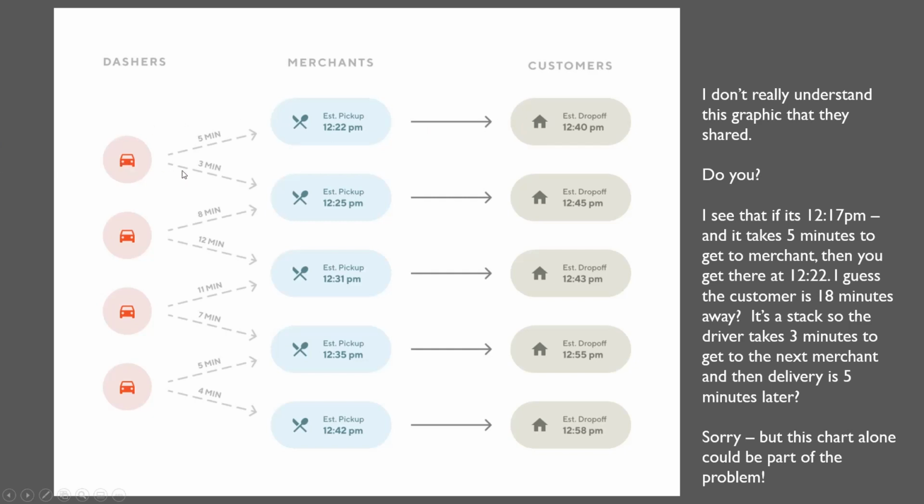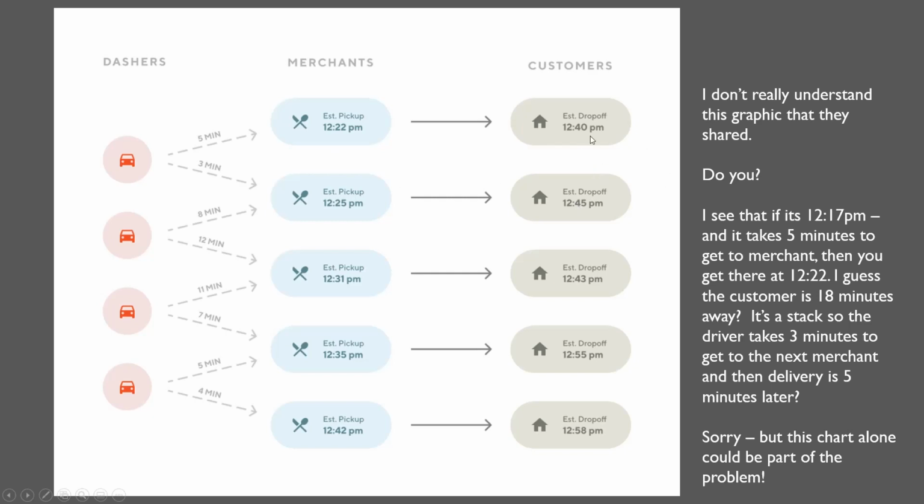But then there's this other thing where it says 3 minutes to get to this restaurant. So maybe they're going to give him a stack. He picks up here at 12:22 and picks up here at 12:25. They've added 3 minutes here, and only an extra 5 minutes to drop off this additional order.